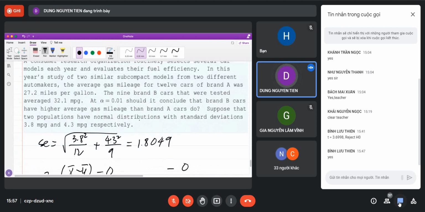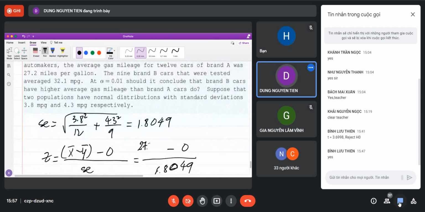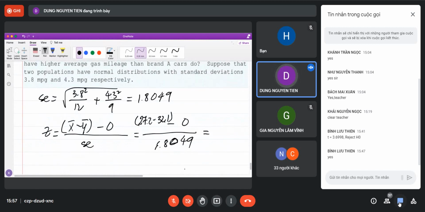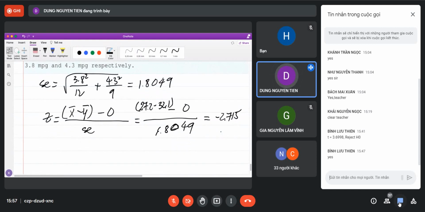X bar is 27.2, minus 32.1. All right, and then you can find the value of z, and the value of z is minus 2.715.